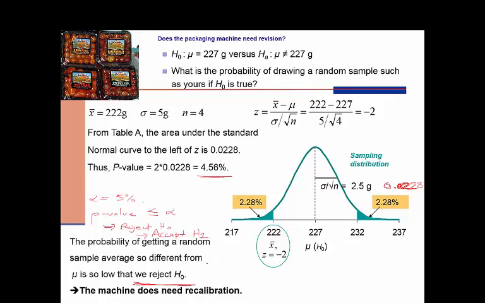Okay, accepting H1 means that mu is not equal to 227 grams. Therefore, the machine needs recalibration.